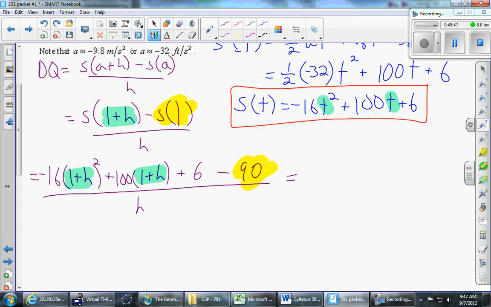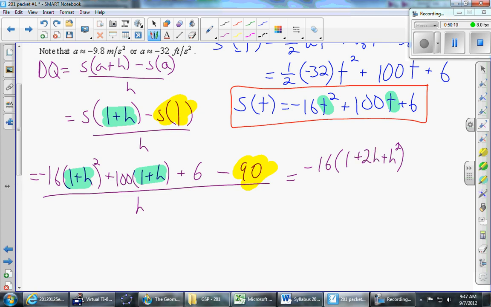Okay, now we have some algebra to do. We need to try to clean this thing up. On the top, I see a -16 times (1 plus H) squared. Is it 1 plus H squared? No. You have to FOIL. Write it twice. Make sure you don't do something bad there.